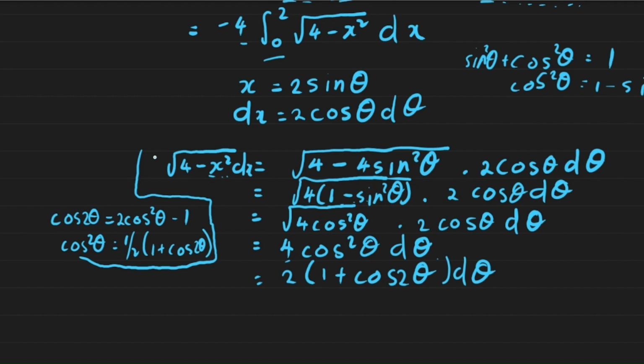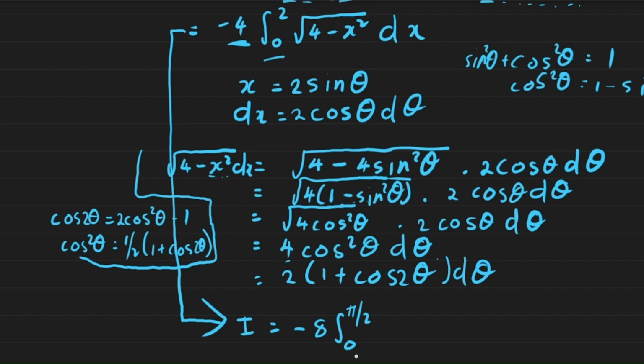So we're just going to substitute everything into our integral. So our integral now becomes this minus 4 multiplied by 2 gives us minus 8. So it's minus 8 times the integral from 0 to pi over 2 into 1 plus cos 2 theta d theta.